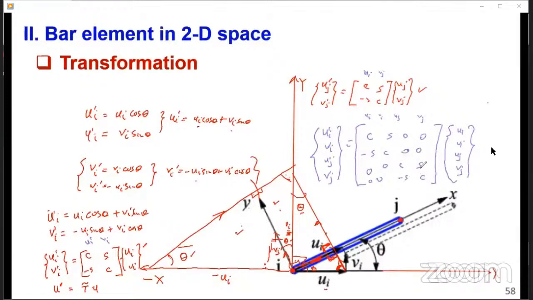So now I have been able to match the transformation of coordinates at the two nodes from local, the u primes and v primes, to global, u and v, using a transformation matrix. This here is what we are calling a transformation matrix T.